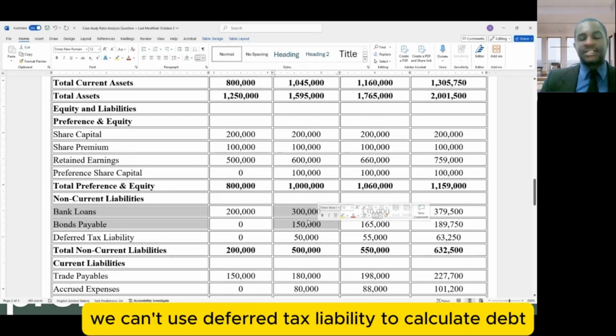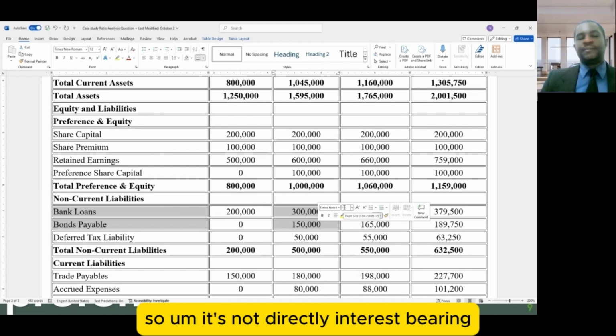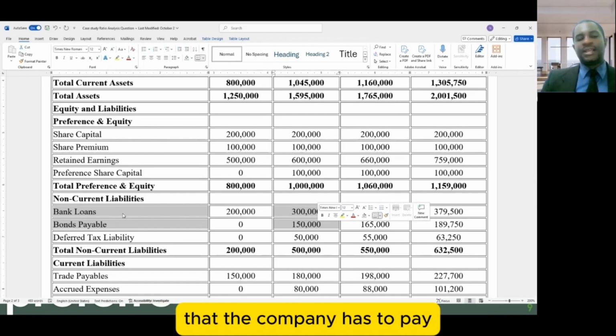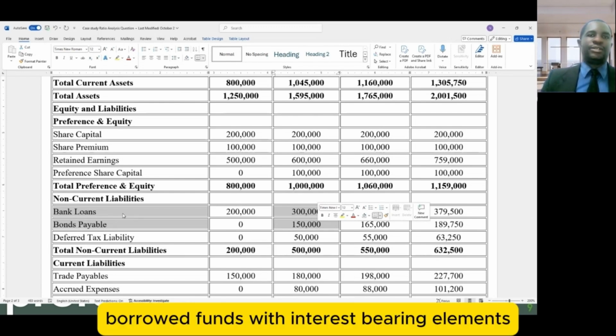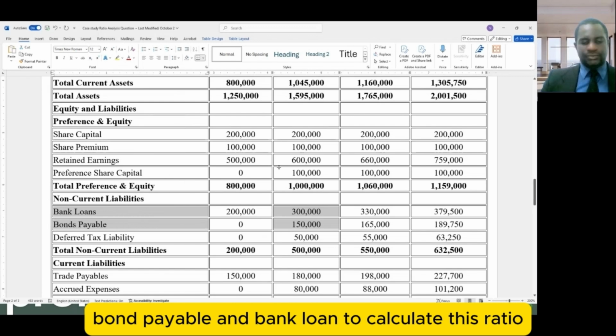Take note, we can't use deferred tax liability to calculate debt because it's a statutory obligation to the government and not a debt to the company. It's not a directly interest-bearing loan. It's a commitment to the government that the company has to pay. So we're looking strictly at borrowed funds with interest-bearing elements. So we pick the bonds, bonds payable, and bank loan to calculate this ratio.